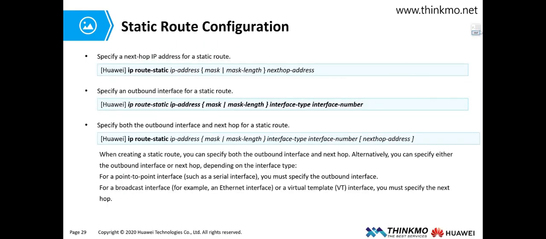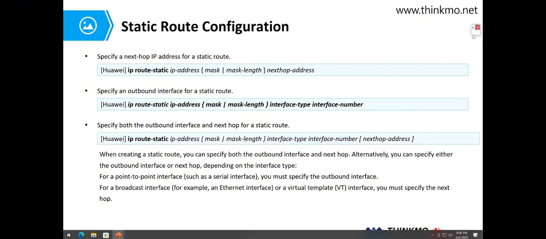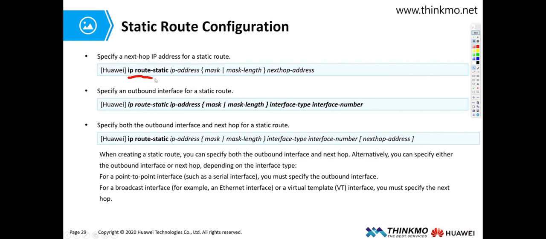First, this is its format, and you need to write the destination and the destination mask afterward, and also our next hop. When we configure it, the next hop will be an IP address. For example, my own IP address is 10.0.0.1 with a 24-bit mask.